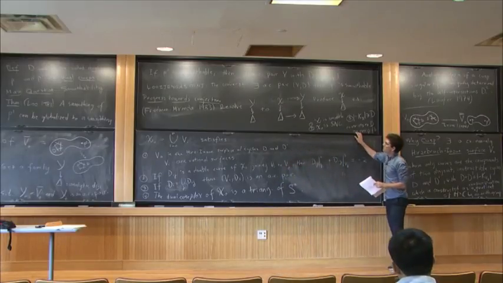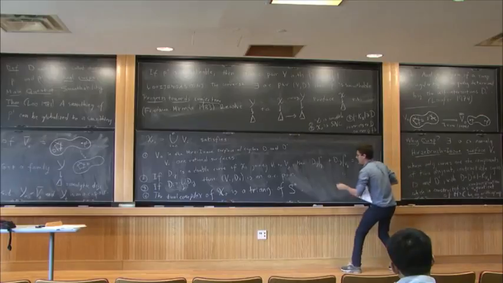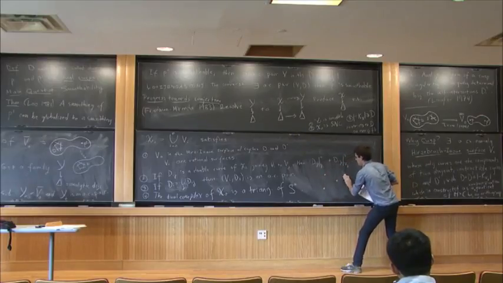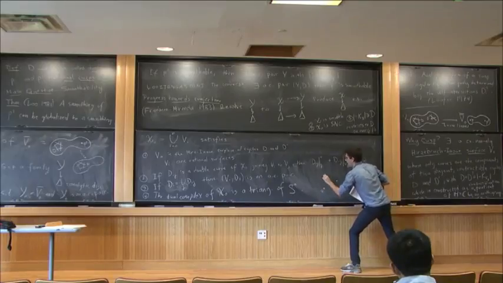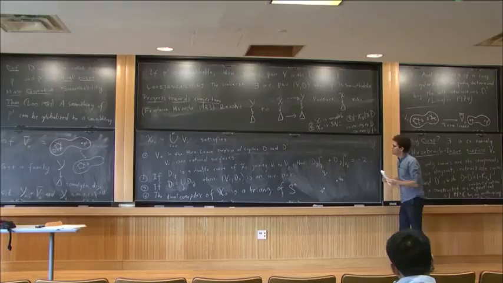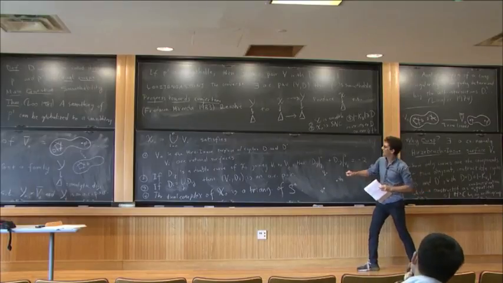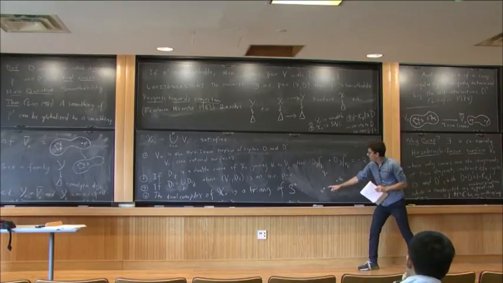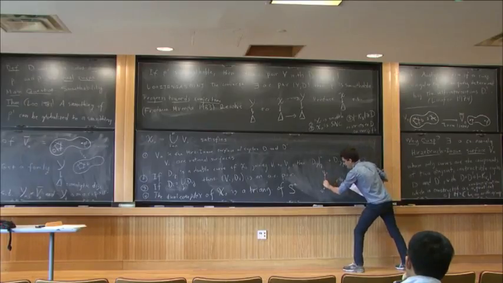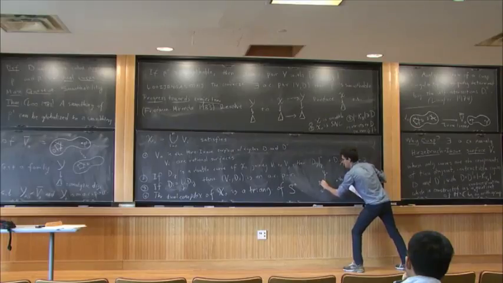Just to review what the dual complex is, let's say I have three irreducible components of X_0, V_i, V_j, and V_k. I take a point for each surface, and I produce an edge for each double curve.